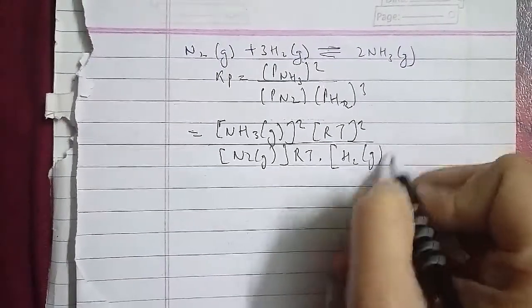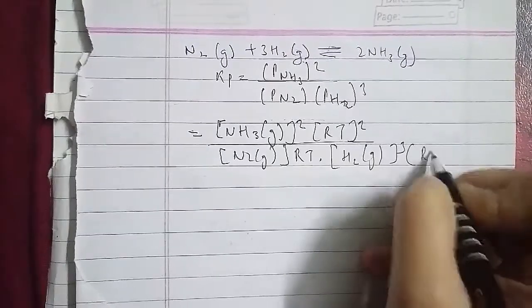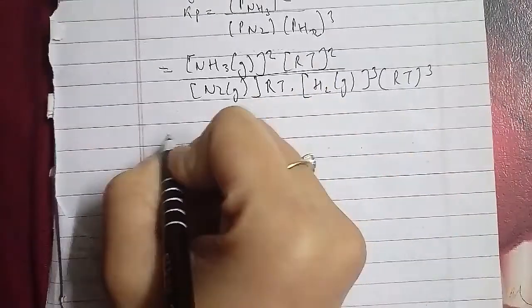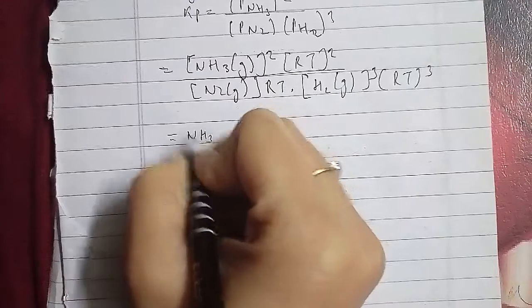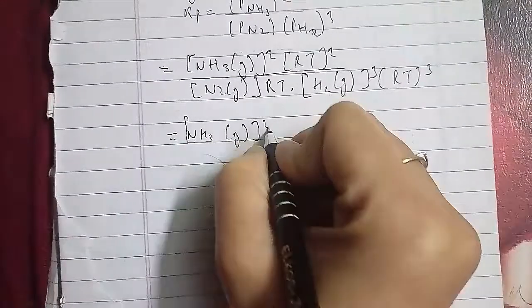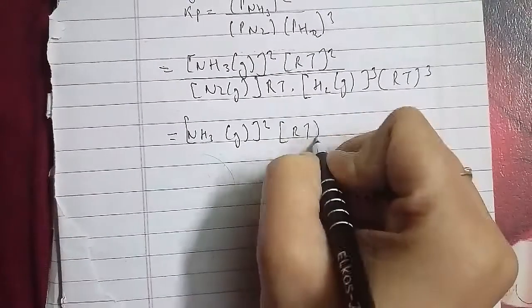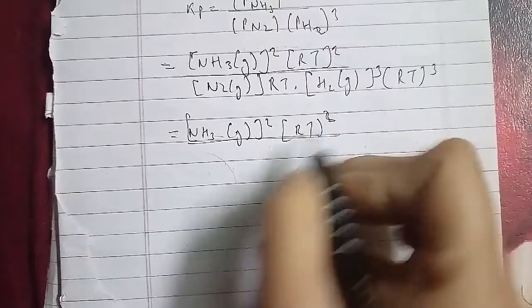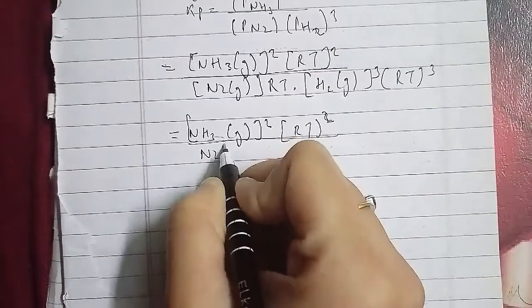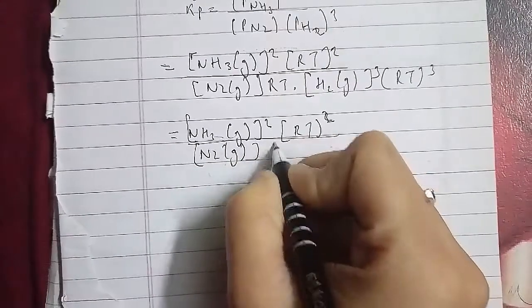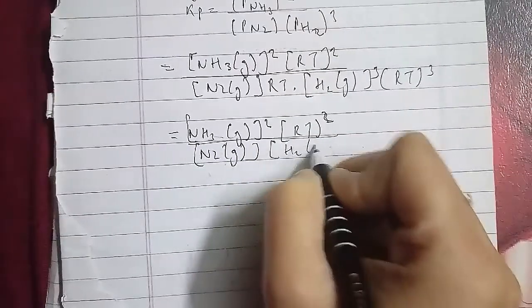For this we will move ahead and solve further: [NH3] in the form of gas to the power 2, then RT to the power 2, then after that [N2] in the form of gas, and [H2] in gas to the power 3, and it will give Kc RT to the power minus 2 here.